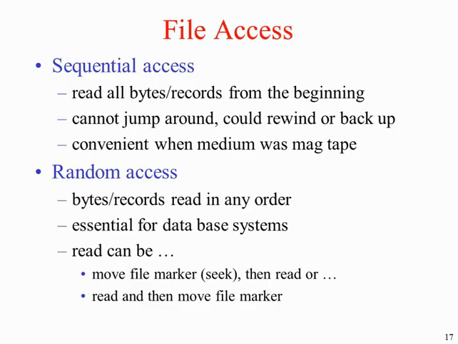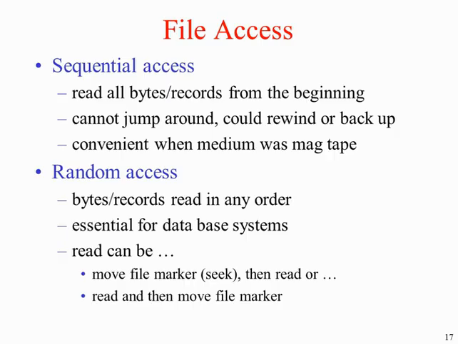You have to either perform a rewind or backup until you reach that particular record that you will read. Now this method of accessing a file is convenient, especially with file media in the form of magnetic tape.